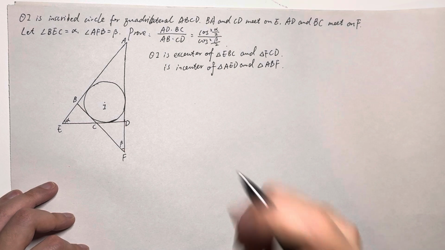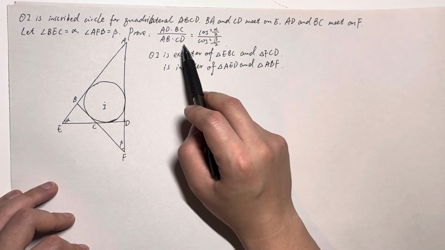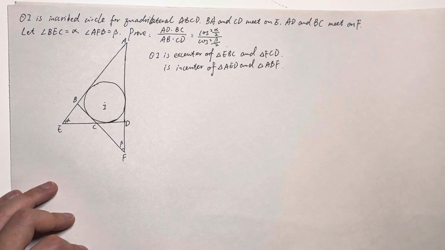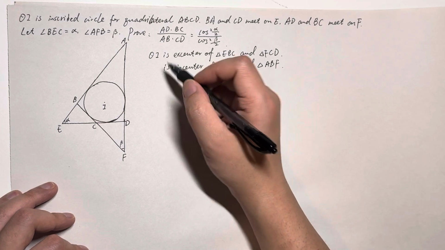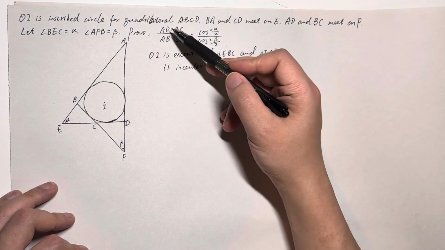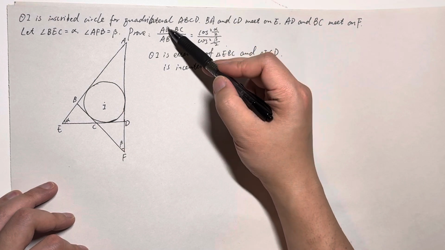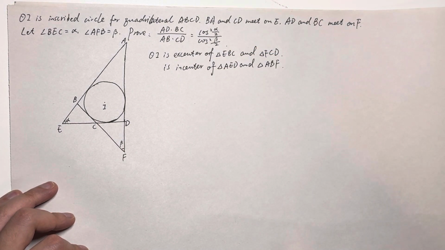If you look at AD times BC to AB times CD, AD times BC is difficult to get, right? So we must break this into another form, like AD to AB times BC to CD, or AD to CD times BC to AB, right?